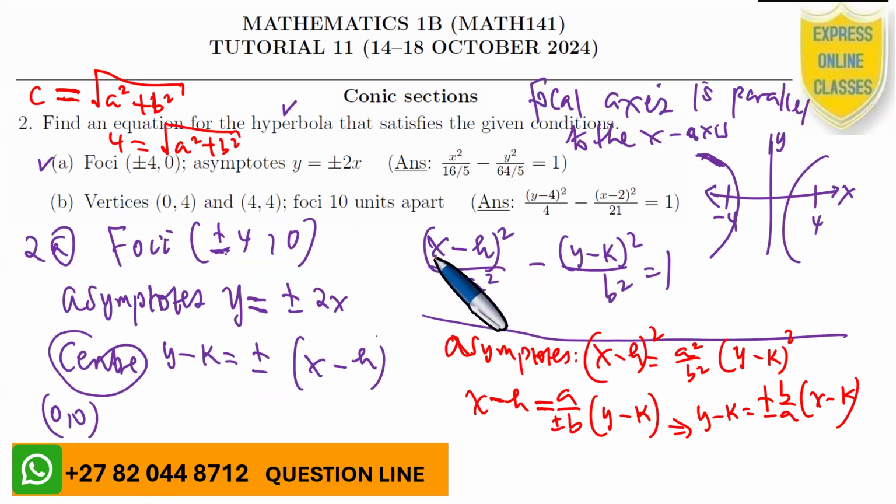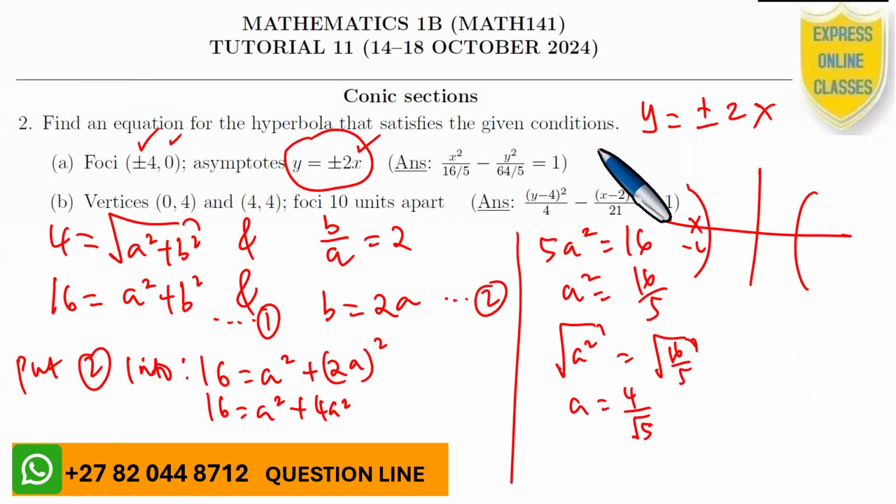If x squared is first and y squared is second, it means that the asymptotes are plus or minus b over a. But they've already given us that, so the b over a is actually equal to 2.